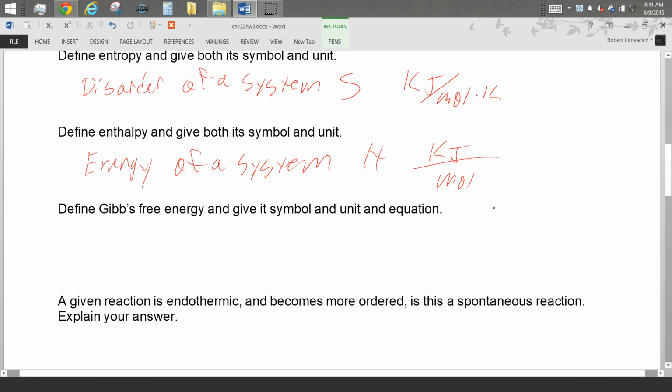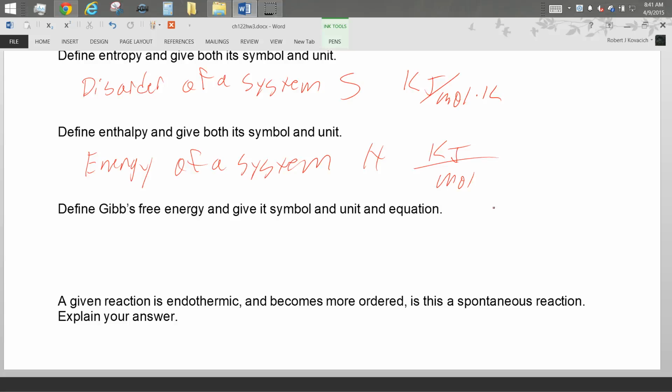And Gibbs free energy, what is that? What's the usefulness of the Gibbs free energy? So we were kind of talking about, like, the free energy is the energy that you don't have to constantly put energy into. It just kind of happens. Yeah.